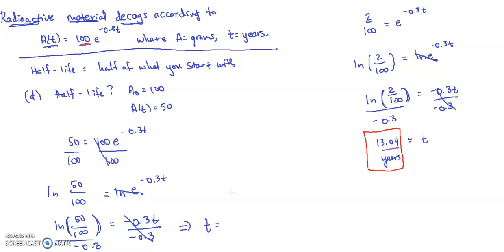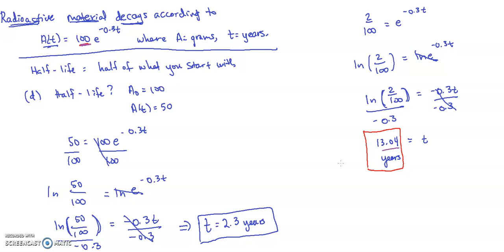And for this one, you should get 2.3 years. So our half-life is 2.3 years. Okay, so it takes 2.3 to have half of what you started with, and if you look back on our other numbers, that should seem reasonable.